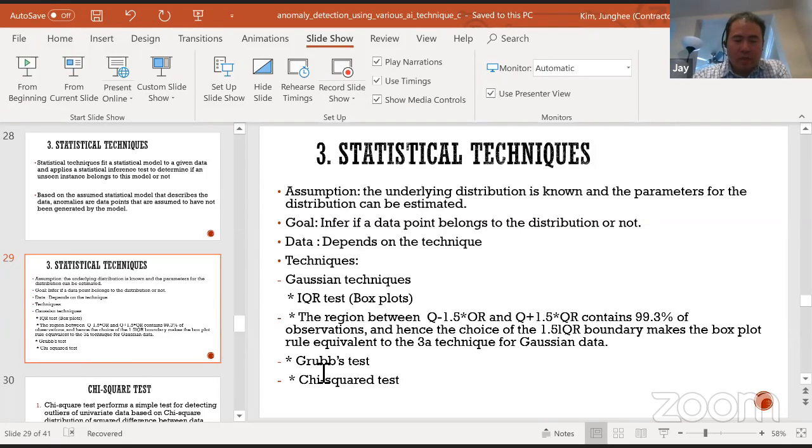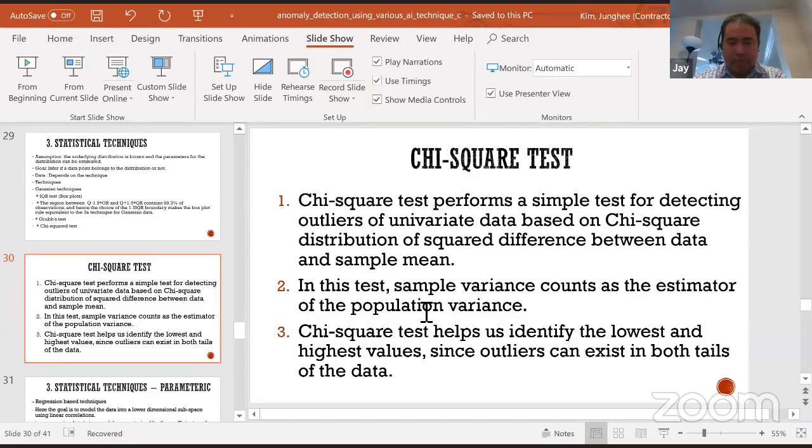The chi-square test is a very typical way to check the significance of the data, and the grubbs test is similar. And I was mentioning the box plot, which is more about the Gaussian distribution, where you can see the outlier at the side.